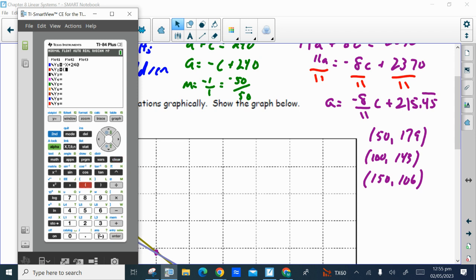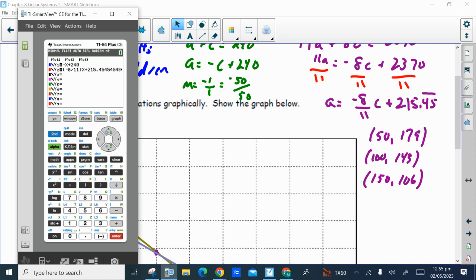So in brackets, I'm going to go negative 8 over 11 to keep that all together, x plus, and it was 215.45 repeating, 45, 45, 45, 45, 45. The more you put in there, the more accurate your answer is going to get. Whatever answer we get here, we're going to round to the nearest integer.